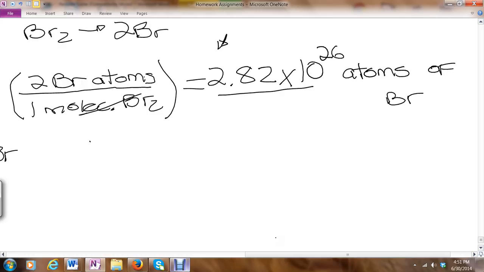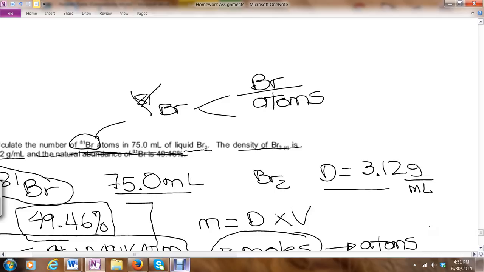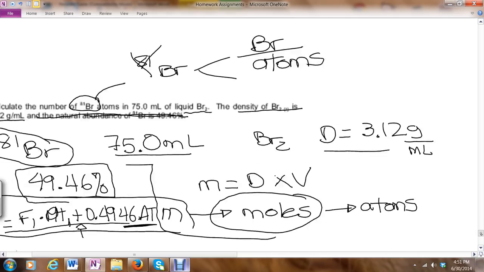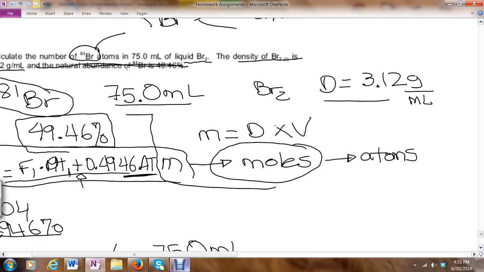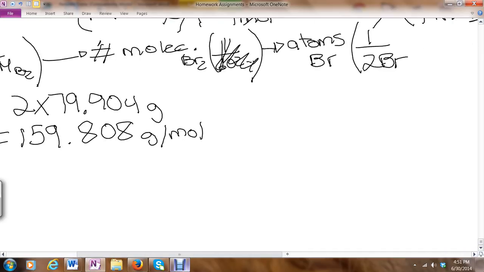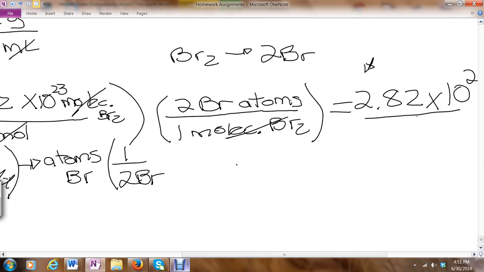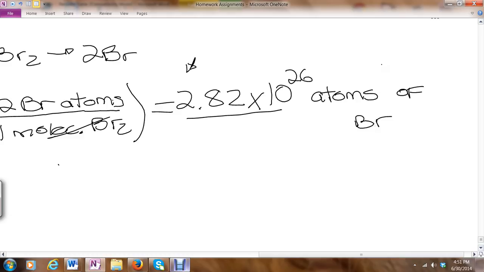Remember, our data was given in 3 sig figs: the volume 75.0 and the density 3.12. So we keep the 3 significant figures, and we get 282 by 10 to the 26 atoms of Br.